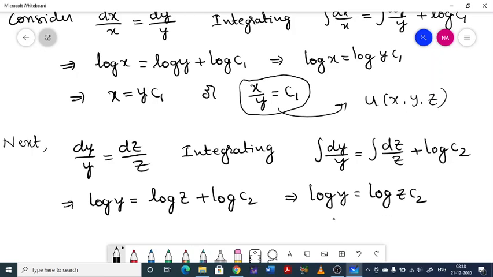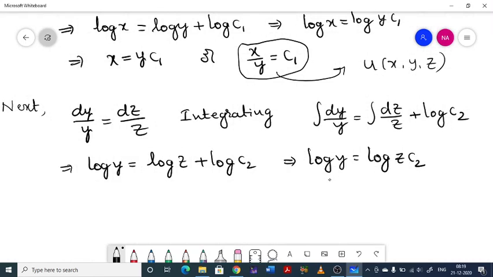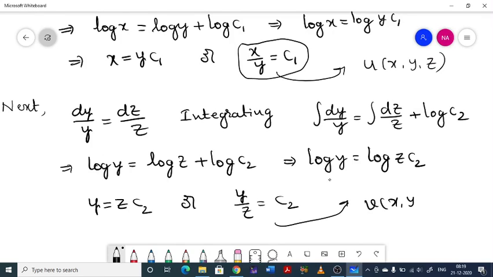Now comparing terms on both sides, I'll get y equal to z into c2 or y by z equal to c2. So v of x comma y comma z is the functional part, y by z.